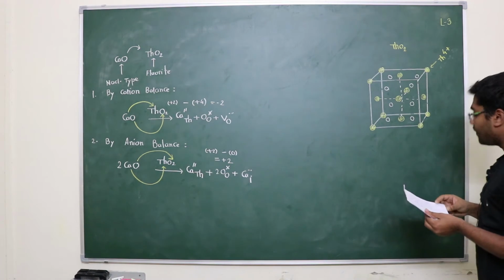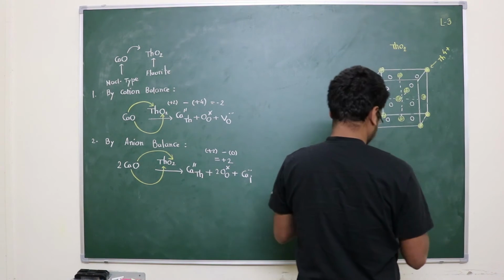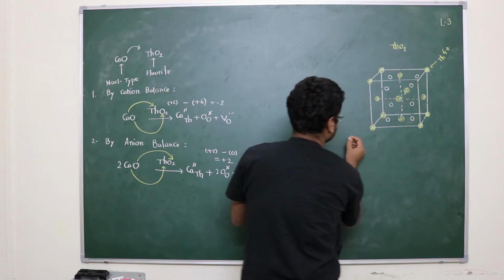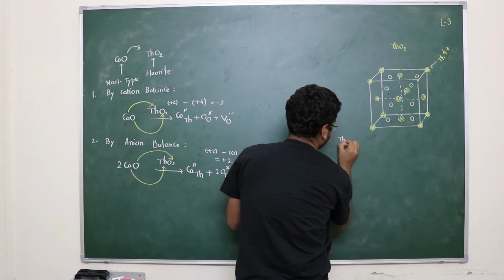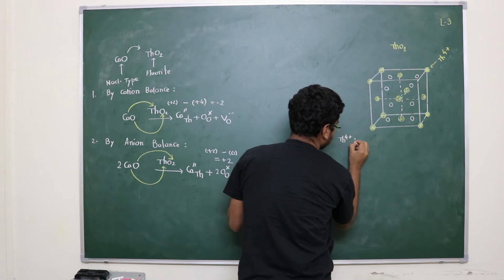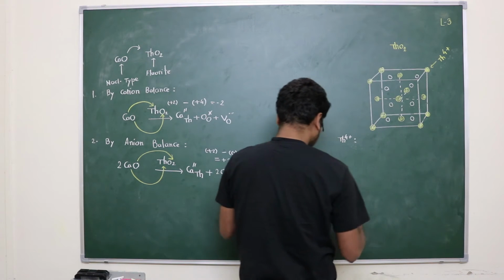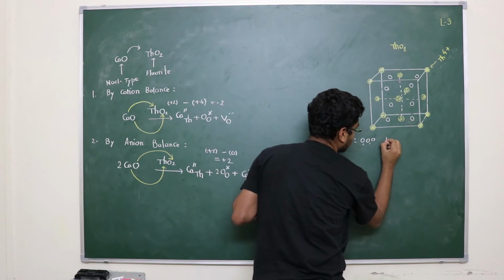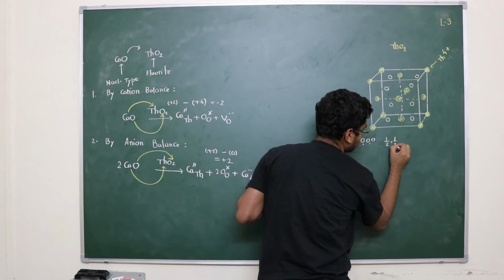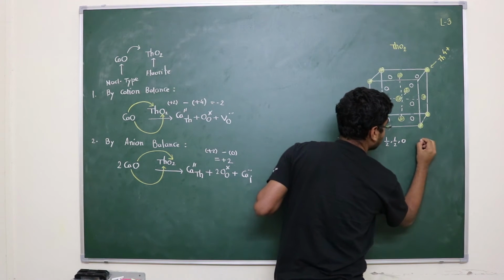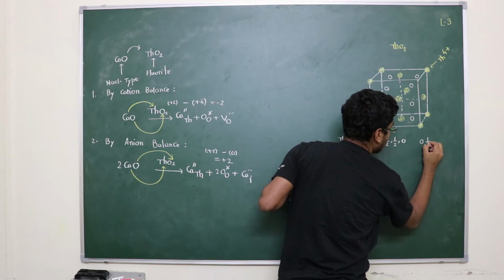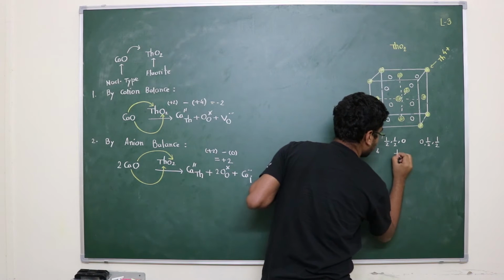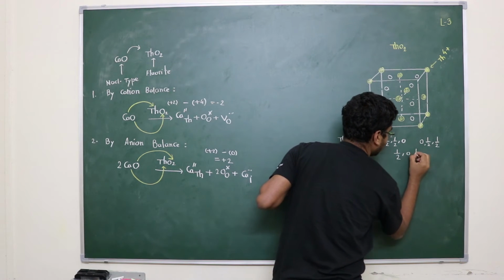So if we write the coordinates, how does it look? Thorium 4 plus, the coordinates are 0 0 0, half 0 half, 0 half half, and half half 0.